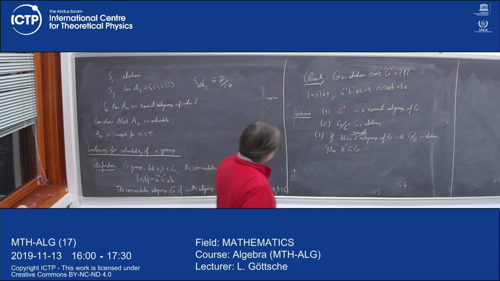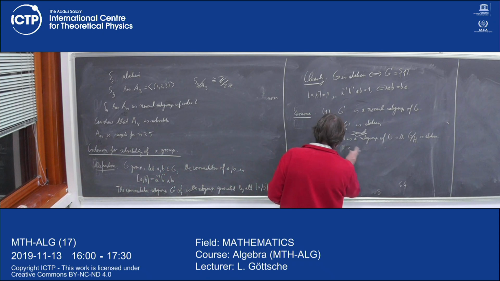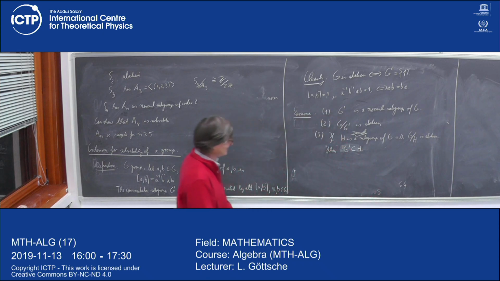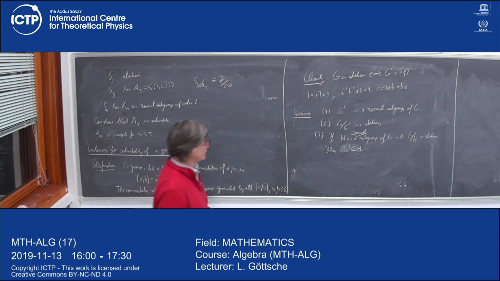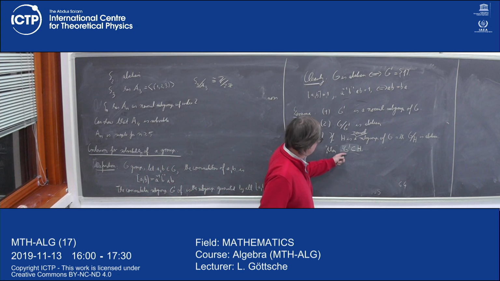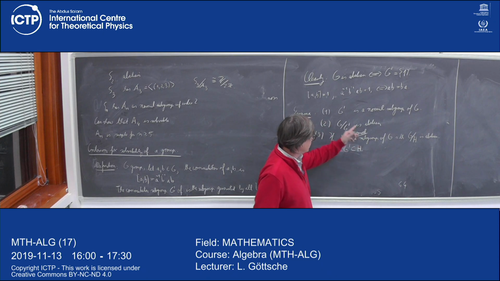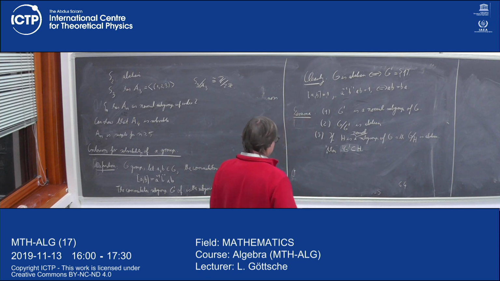So G prime is contained in H. So it's the smallest subgroup, in a suitable sense, of G such that it's a normal subgroup and the quotient is abelian. Every other such group with this property must contain it. Okay, let's prove it.